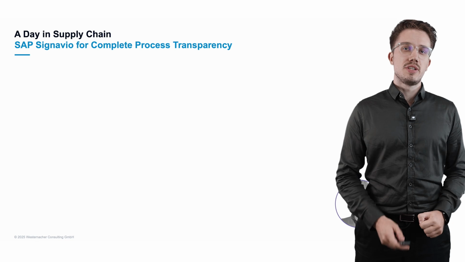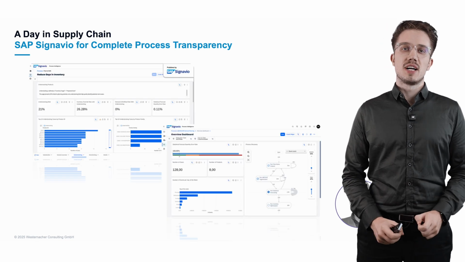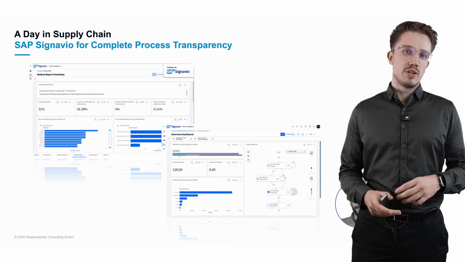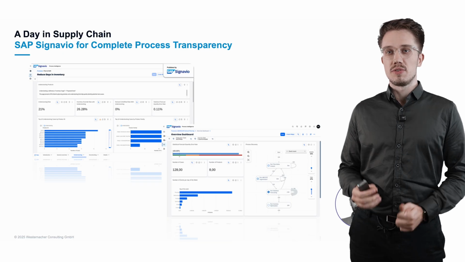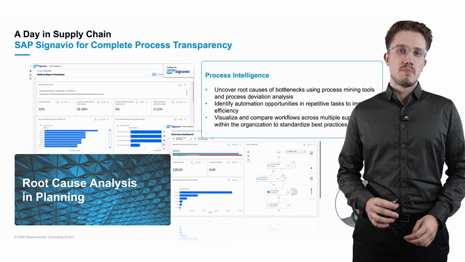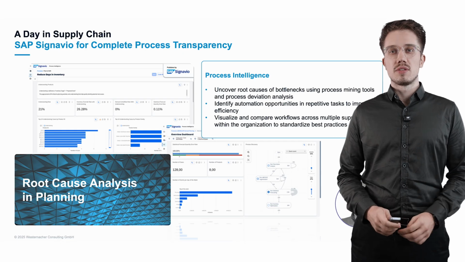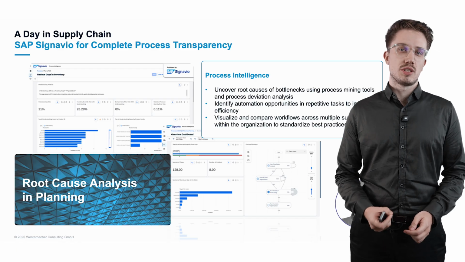No, Peter is here for the details. Peter utilizes SAP Signavio Process Intelligence, where he is using process analysis dashboards to keep track of his S&OP process performance. In Process Intelligence, Peter is uncovering root causes of bottlenecks using process mining tools and process deviation analysis.